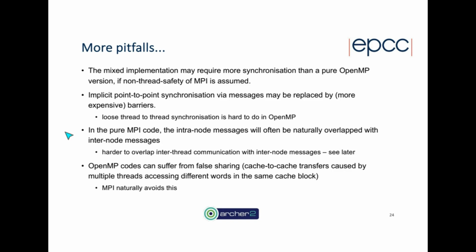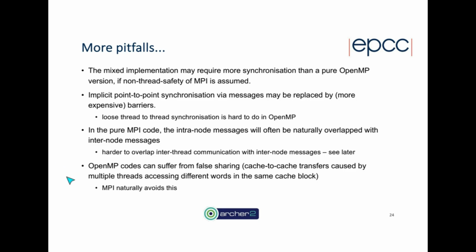It's perfectly natural for internode and intranode communication to be going on concurrently. With a hybrid program, overlapping inter-thread communication with internode MPI messages is more difficult and less natural. We'll see why that is in a minute.